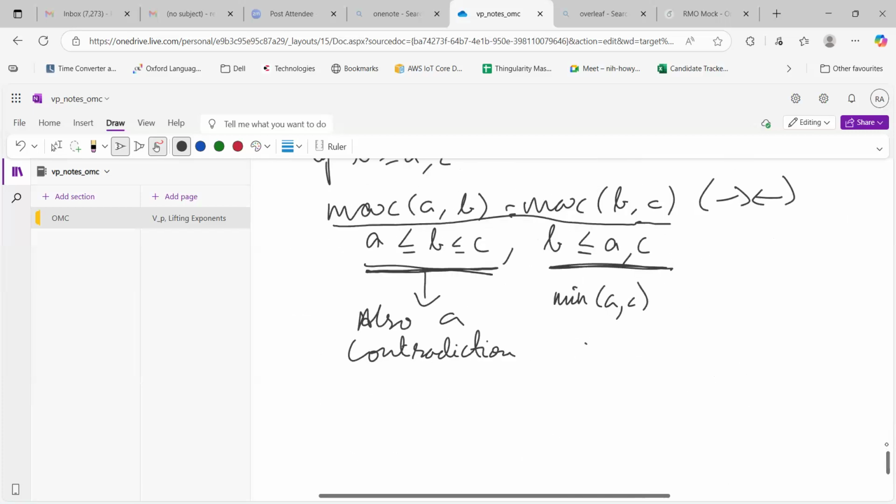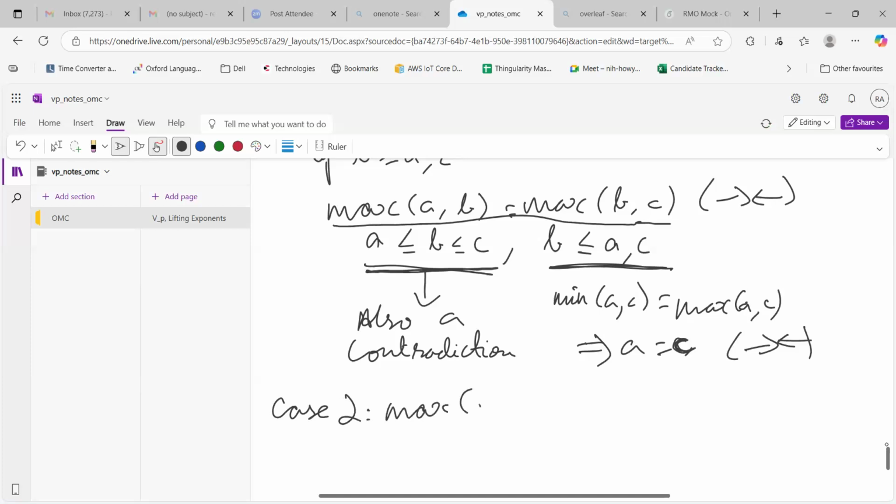Another way to see that would be min of A comma C would be equal to max of A comma C, therefore A is equal to C. And again, this is not possible, right? So that means the first case is a contradiction, and so we must have max of A comma B equal to max of B comma C. This is our only hope now.